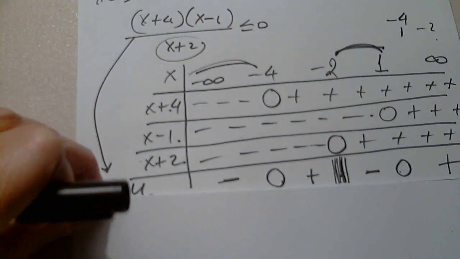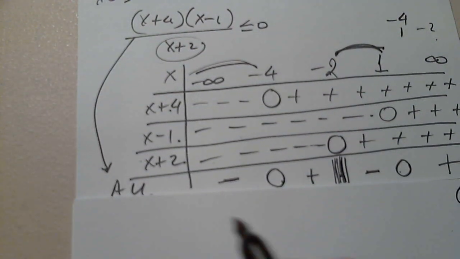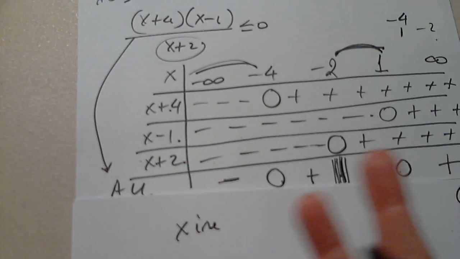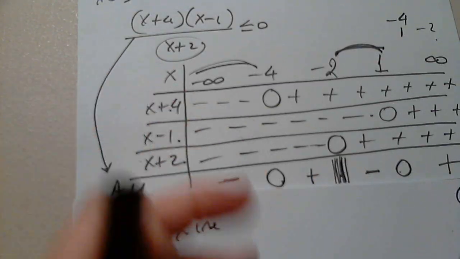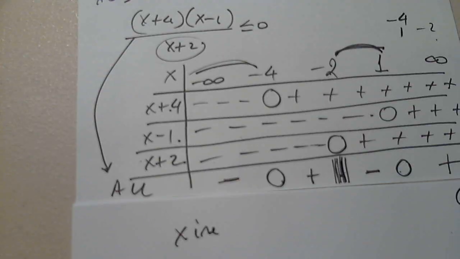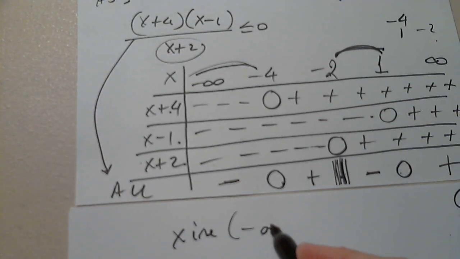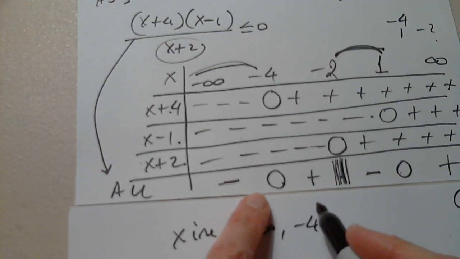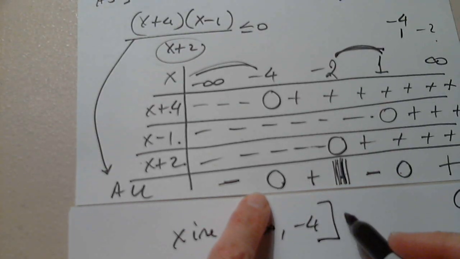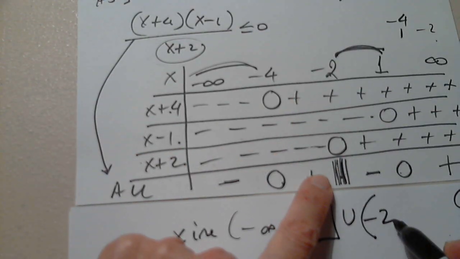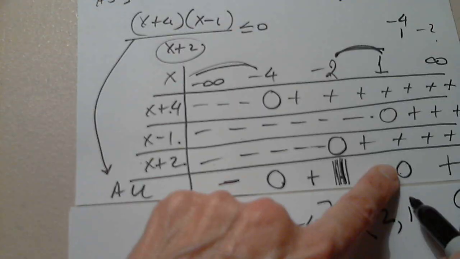And as I mentioned before, I prefer writing x in so it's clear. So negative infinity to negative 4 closed, in other words, bracket when we say closed. Union, I cannot close negative 2, not allowed. Comma, 1 is allowed.